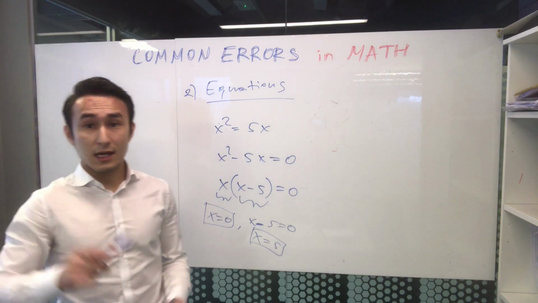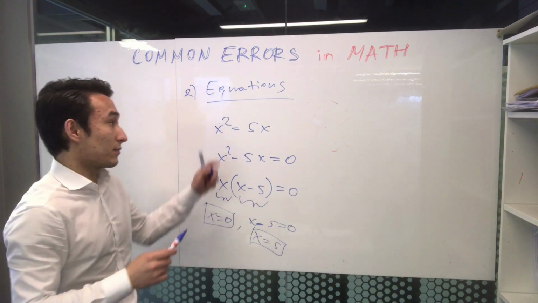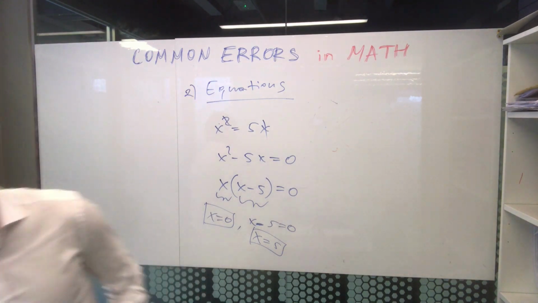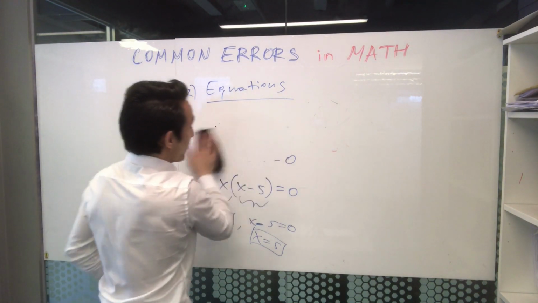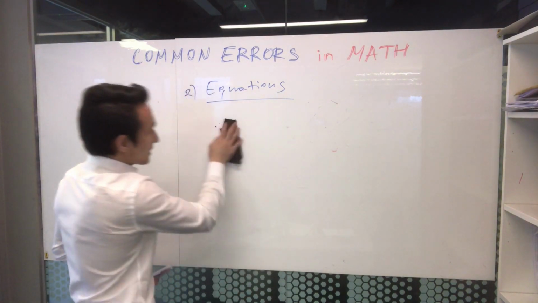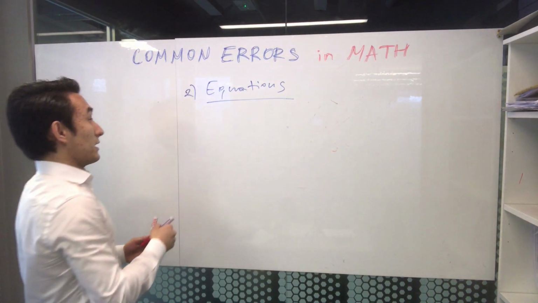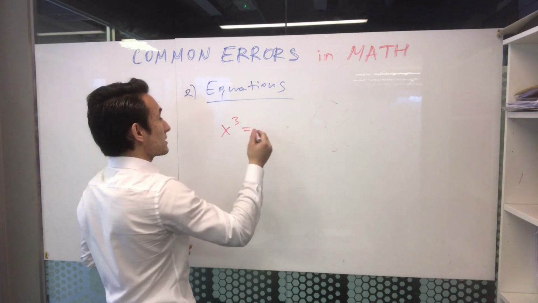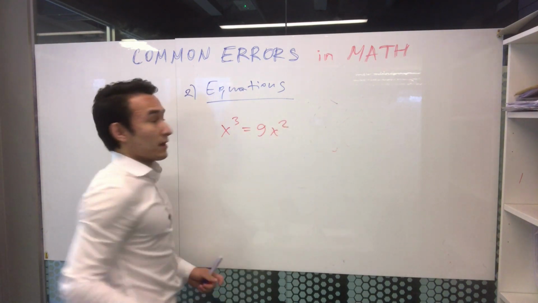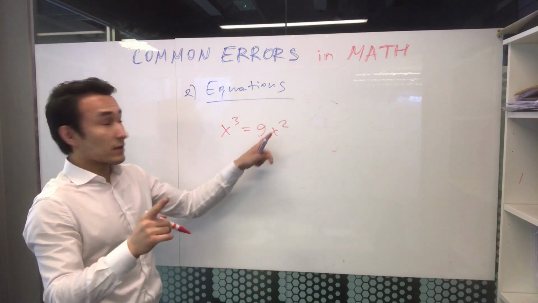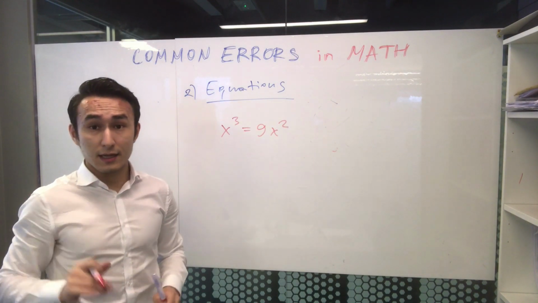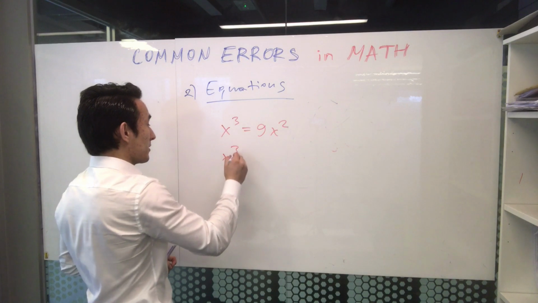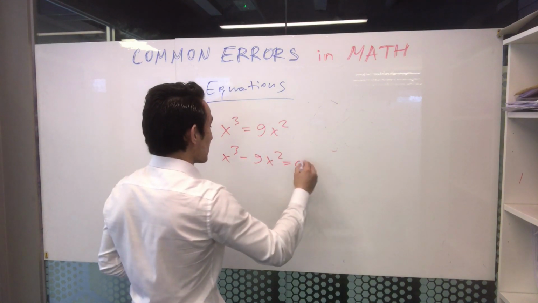Okay, so the takeaway from this example is that we do not cancel both sides by x. The next example, same with equations, is something like, for example, x cubed is equal to, let's say, 9x squared. Some of you might want to cancel out the x squared, but we do not do that again. We bring it to the other side. So x cubed minus 9x squared is equal to 0.